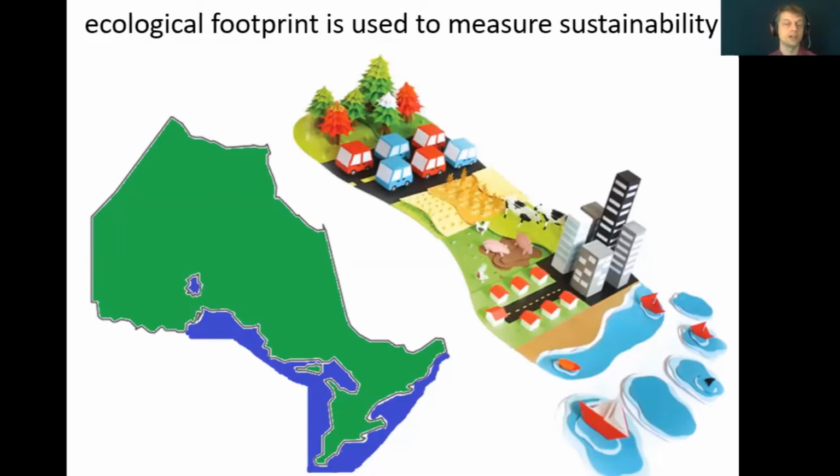In this same way, Ontario's trade involves using a lot of ecological capacity outside of Ontario's boundaries. The measurement system of the ecological footprint takes these trade relationships into account. The footprint of any country, such as Canada, is calculated as the size of ecosystems of the planet that are needed for all of what Canada consumes, even when it consumes something that was produced in the United States or elsewhere.